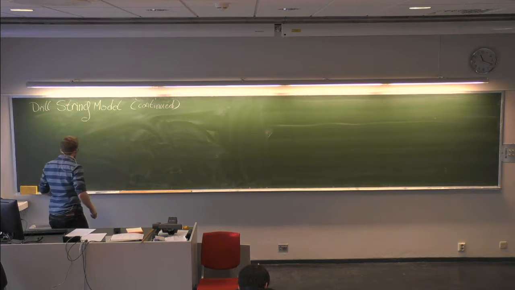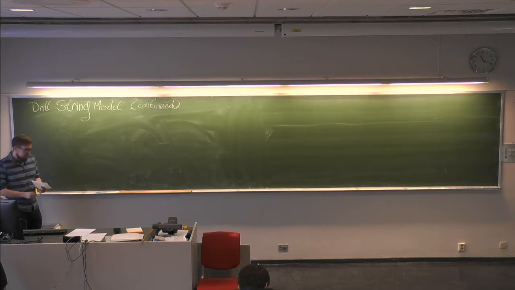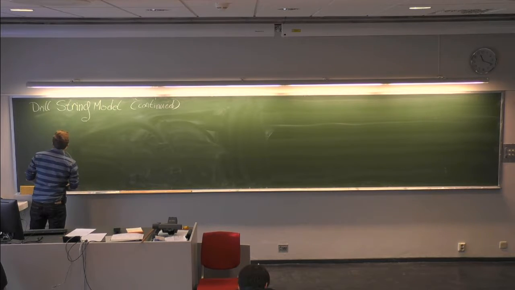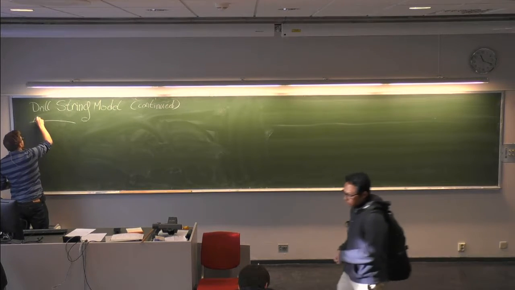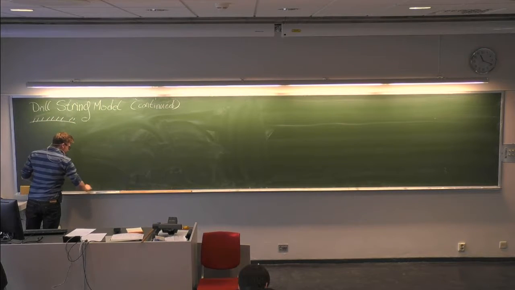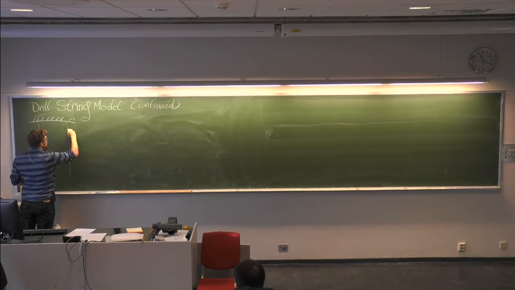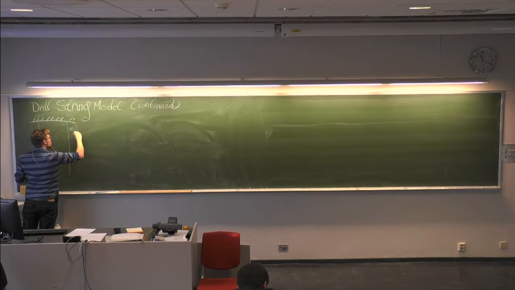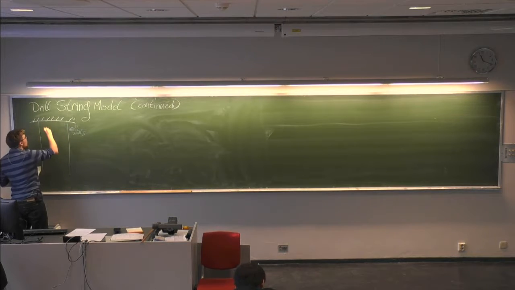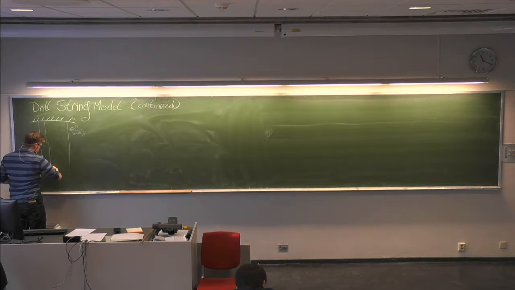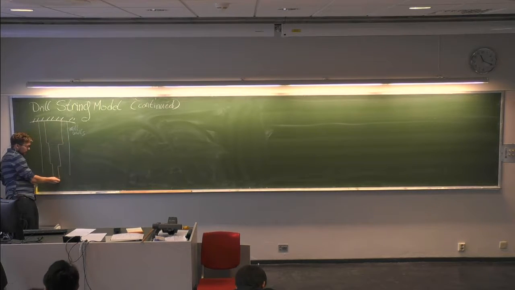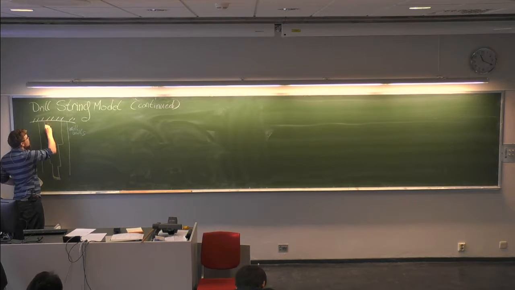Yep. So we'll start the lecture with some repetition. We had our drill string model, the actual representation of it: a hole with walls, and we have our drill string as a pipe going down the earth, some kind of stuff that bores down here.